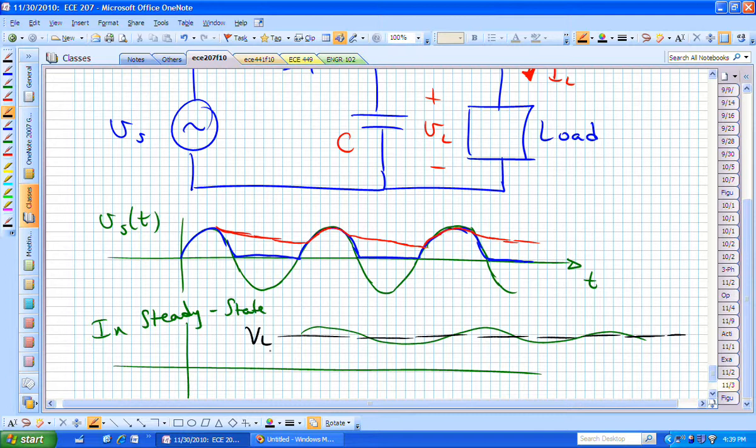That's the steady state, and we might consider this particular ripple, or the difference between the peak and the valley, to be our voltage ripple, or the change in voltage delta V.